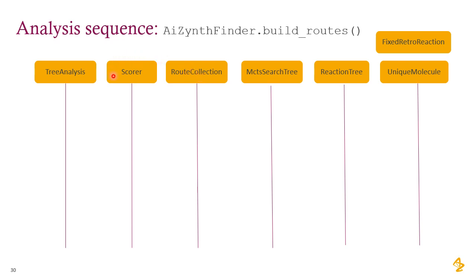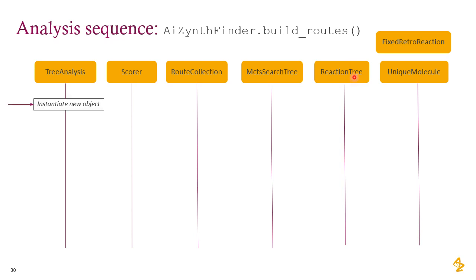We will also use the scorer for the first time, which is able to rank routes and nodes. We will see what the Monte Carlo search tree is doing here and the reaction tree class, and then we will have these objects that will be a part of the reaction tree.